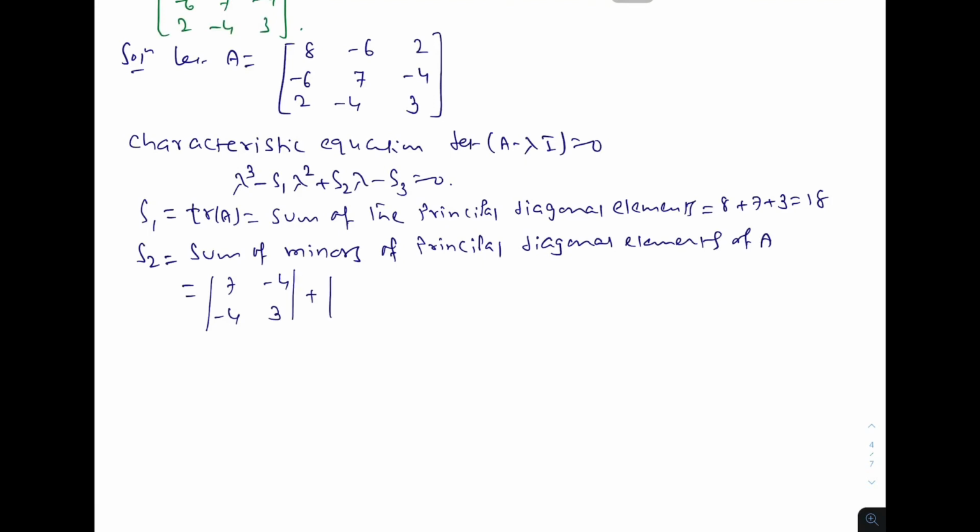Then plus the minor of 7. So we have these 4 elements 8, 2, 2 and 3. Then plus the minor of this 3. So this will be nothing but these 4 elements 8, minus 6 and 7.